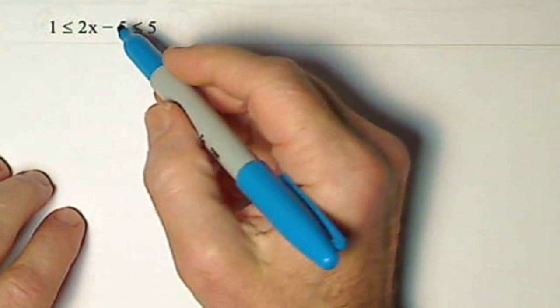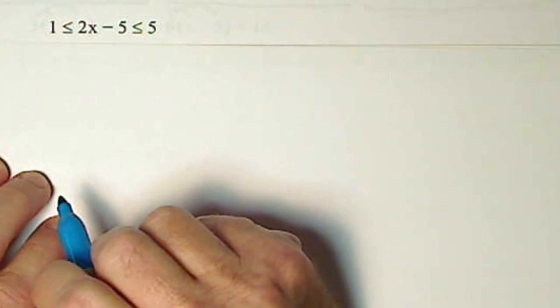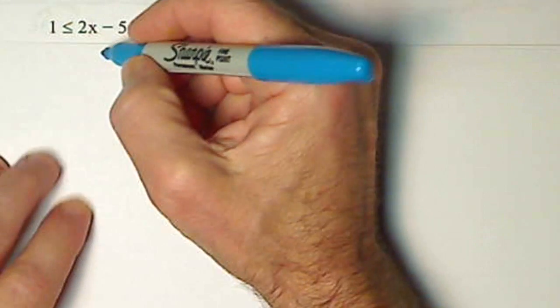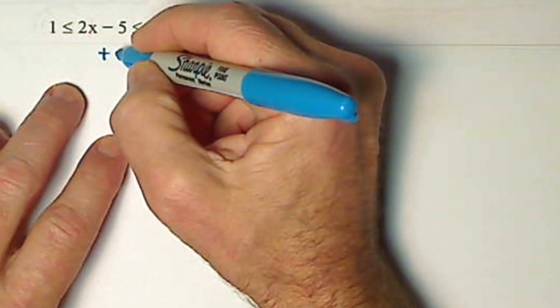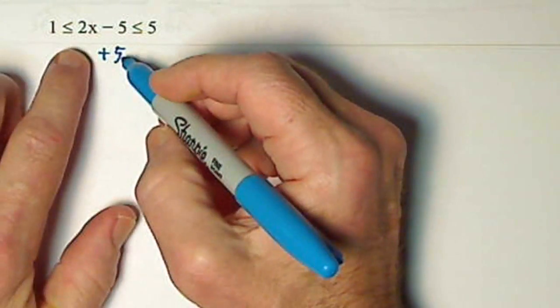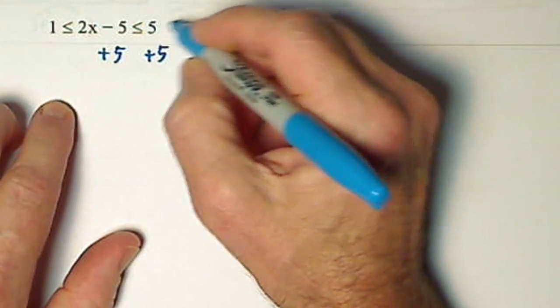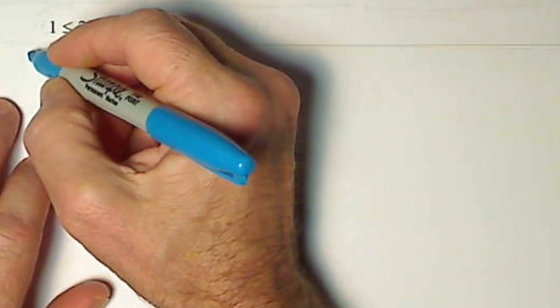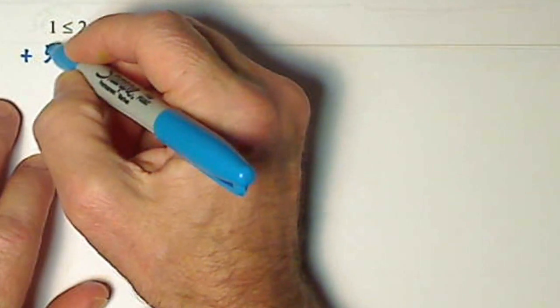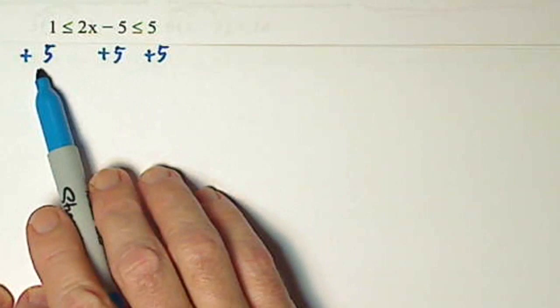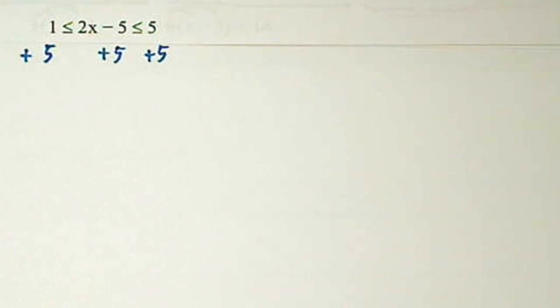So this -5 is held with addition or subtraction. I'll get rid of it with addition or subtraction. So I'm going to say a +5 right here in the middle. I'll put a +5 on the right, and I'll also put a +5 on the left. Okay, so notice I have to indicate this in 3 different positions.